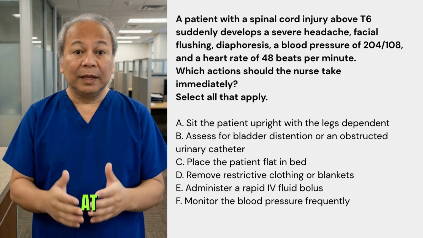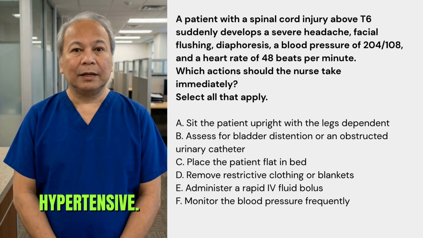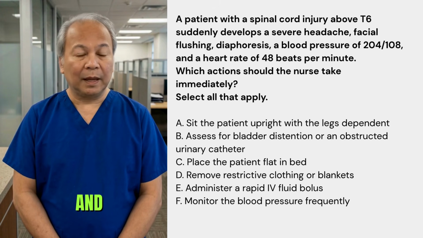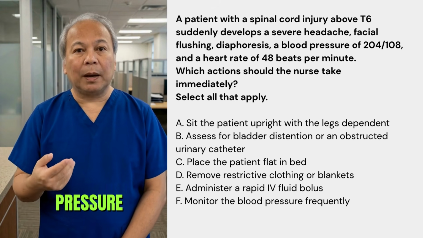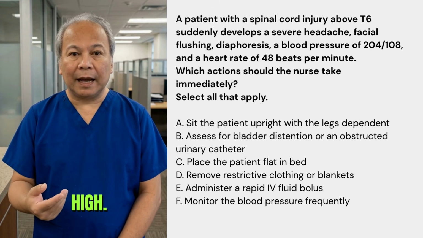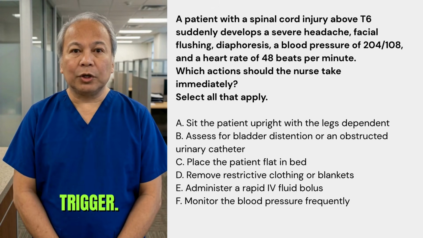Incorrect. Look at the blood pressure. This patient is already severely hypertensive. A rapid fluid bolus does not address the underlying problem and may worsen the hypertension. F. Monitor the blood pressure frequently. Correct. This blood pressure is dangerously high. Continue reassessing while you search for and remove the trigger.